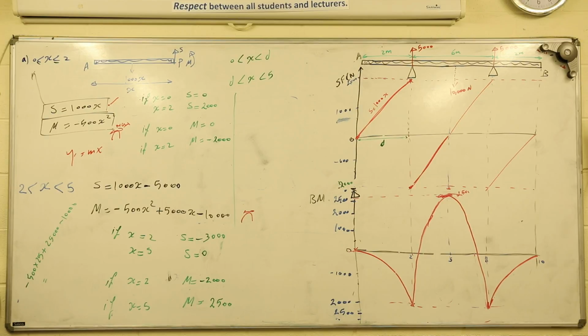So can we say that maximum bending moment occurs at the 5? Yeah. How much can we move the support, the d, for the maximum and minimum bending moment to become equal, isn't it?